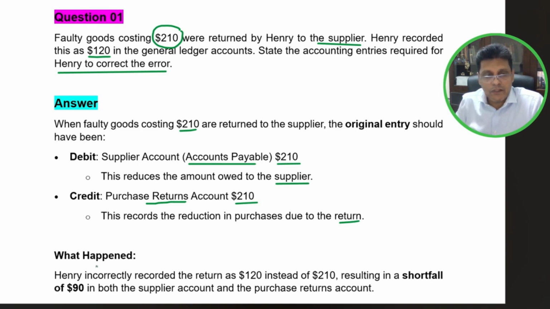However, what Henry has done, he has recorded instead of $210, he has recorded it as $120. So therefore, Henry incorrectly recorded the return as $120 instead of $210, resulting in a shortfall of $90 in both the supplier account as well as the purchases return account.